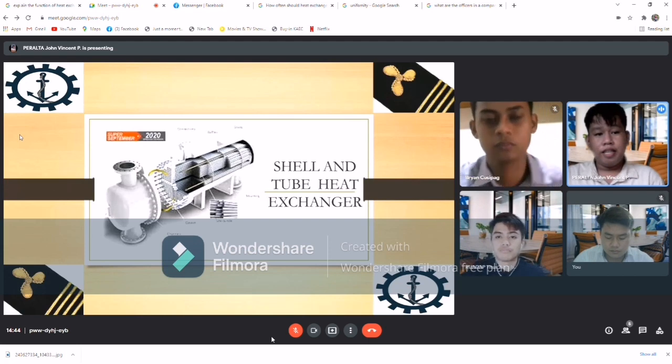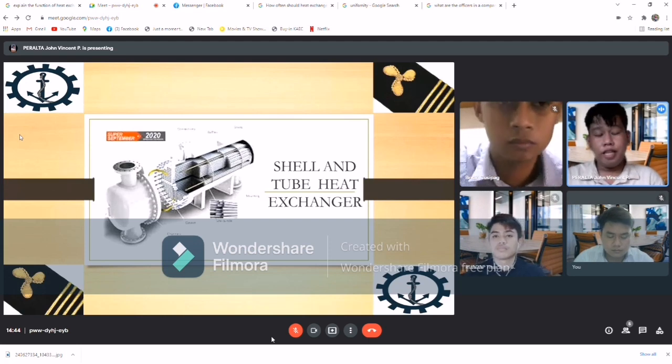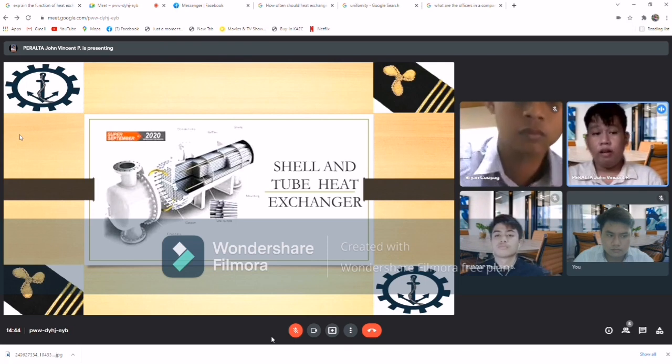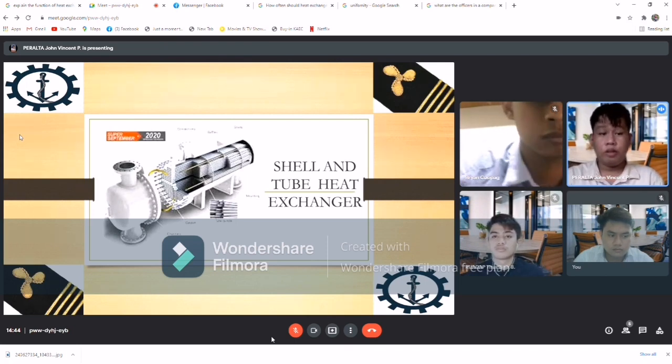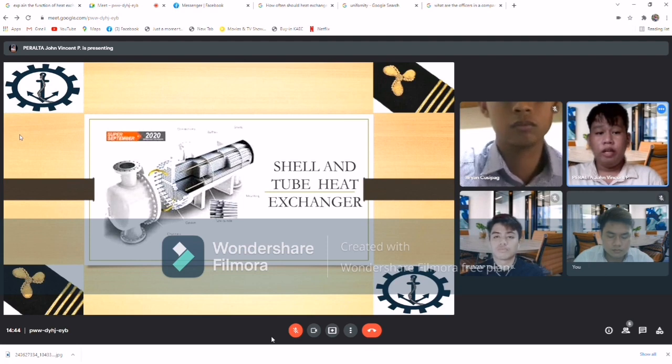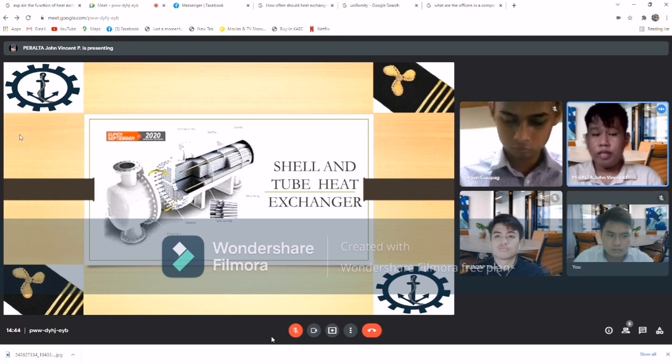This is a type of heat exchanger that consists of a shell with a bundle of tubes inside it. One fluid flows through the tubes and another fluid flows over the tubes through the shell to transfer heat between the two fluids. The set of tubes is called a tube bundle and may be composed of several types of tubes.